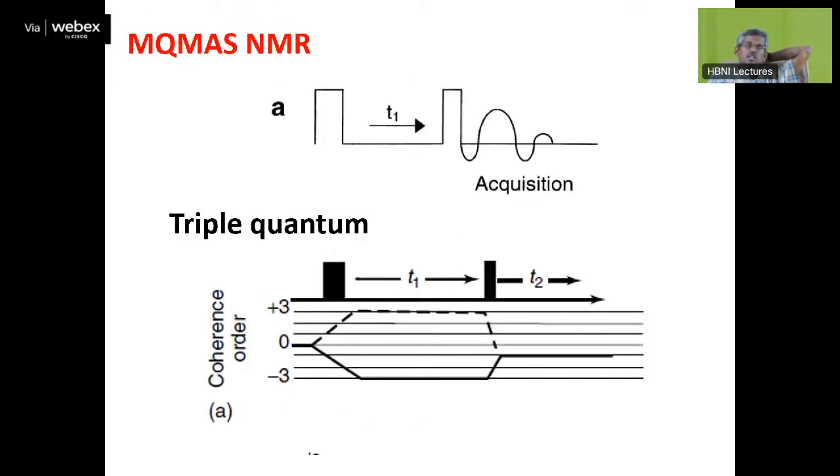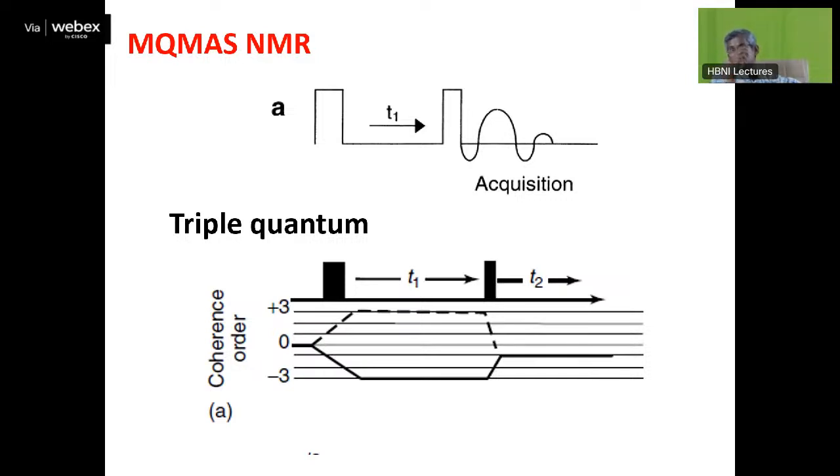Let us move further. See in this case, you have 0, +1, +2, +3: first quantum, second quantum, and third quantum here. This is nothing but a 3Q, triple quantum NMR experiment, because three quanta are involved. We need to apply sufficiently high power so that these triple quantum transitions can be made operational.